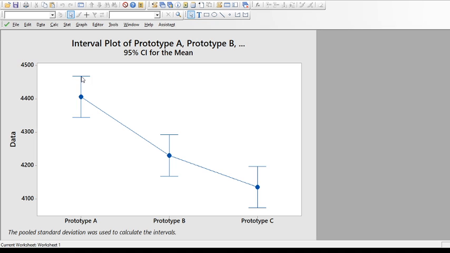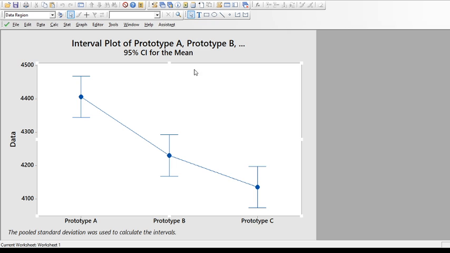I see here visually the confidence interval of the mean for prototype A is very distinctly different from B and C, because I see overlaps here, right? These 2 are overlapping, but this one is quite different and not overlapping at all. So there is a chance that the mean of prototype A could be significantly different from prototype B and prototype C.